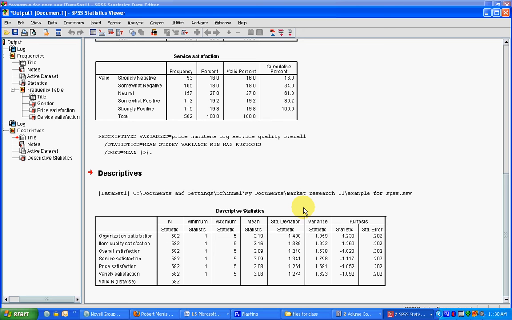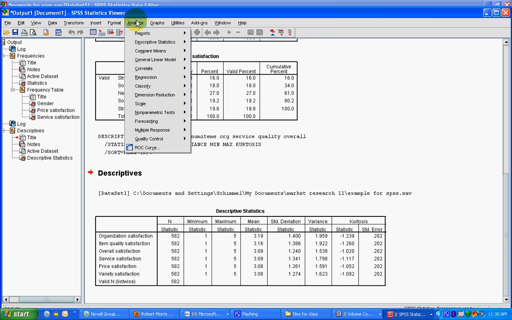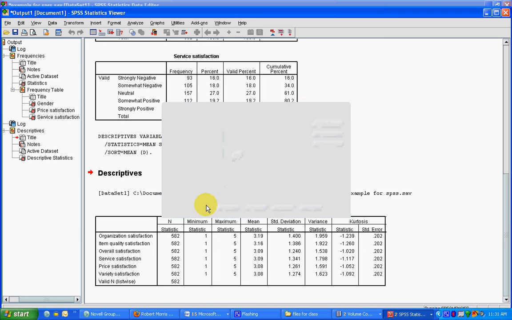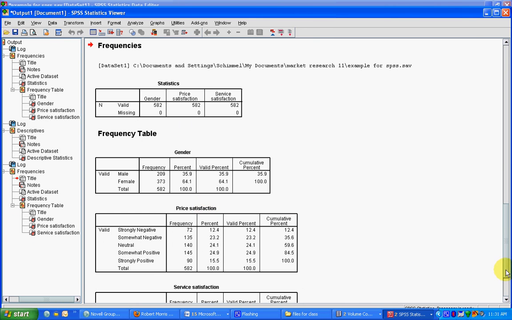And again, how did I get this type of output? To get the first output, analyze, descriptives, and this was just frequencies, and I go to frequencies. I already have the variables in because I haven't done anything to it. It's there. I hit OK. Boom. I get the data repeated again. Now, how did I get to the means and the standard deviation and the variance?